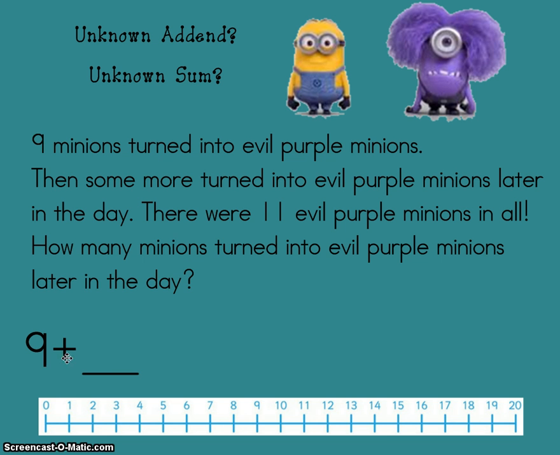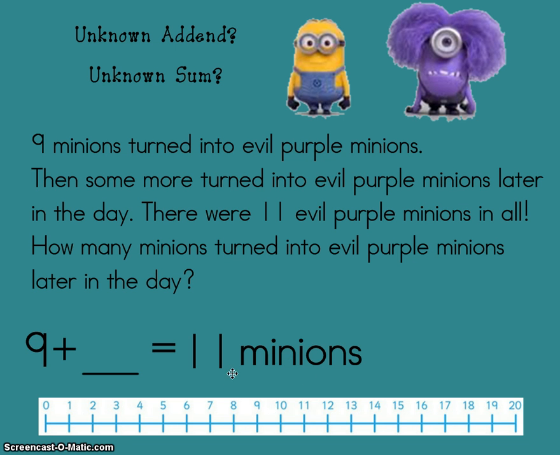So it's 9 plus an unknown number equals, and then it tells me there were 11 evil purple minions in all. If there were 11 in all, that must be my sum. 9 plus an unknown number equals 11 minions.